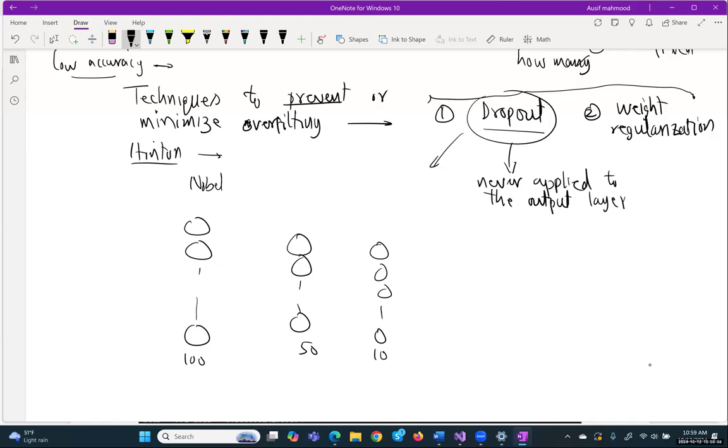It is always applied to the hidden layers. These are called the hidden layers, in our terminology, and this is our output layer.